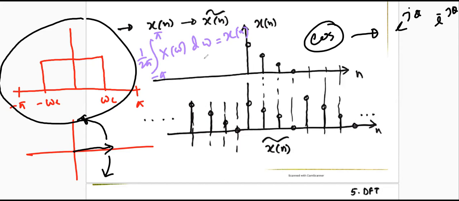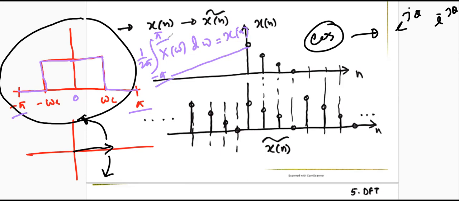We got it from the integration from minus pi to plus pi, not necessarily from 0 to pi. That is not enough. If you argue that you can do it from 0 to pi as well, yes, we can also do that, because this portion is a replica of this portion. But straightforwardly, we need the integration from minus pi to plus pi.